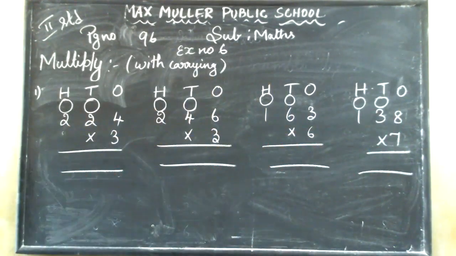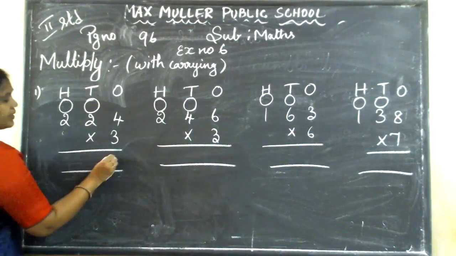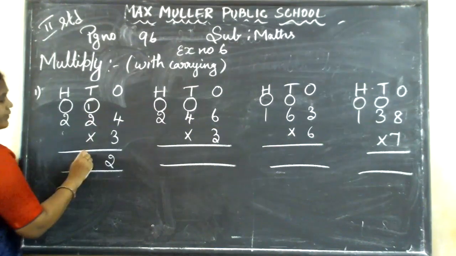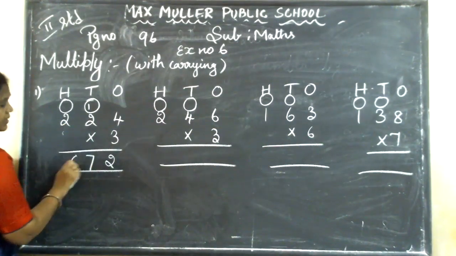By 7. Now we'll start from 3 4s are 12, 1 carry. 3 2s are 6, 6 plus 1, 7. 3 2s are 6.